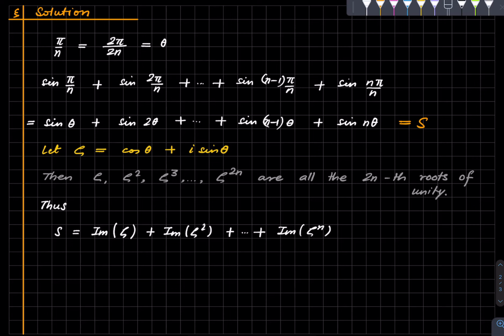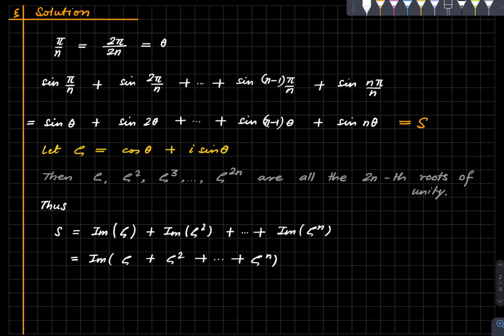Because the imaginary part of zeta is sine theta, the imaginary part of zeta square is sine 2 theta. That's by De Moivre's theorem, or however you want to see it. So that's our sum, and of course this is equal to the imaginary part of zeta plus zeta square plus dot dot dot zeta to the n.